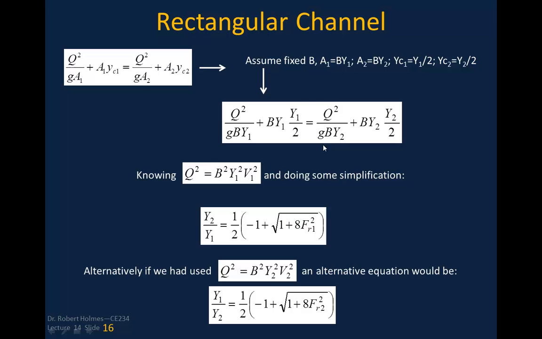The B doesn't change because it's a uniform channel. If I substitute those into this equation here, I end up getting this form, which is Y1 over Y2 in terms of the Froude number at the downstream location squared. Those two equations are in your textbook. This would allow us very simply to say, if I know what the depth is and the Froude number at a particular location, either upstream or downstream, I can predict the depth at the other end of the hydraulic jump.